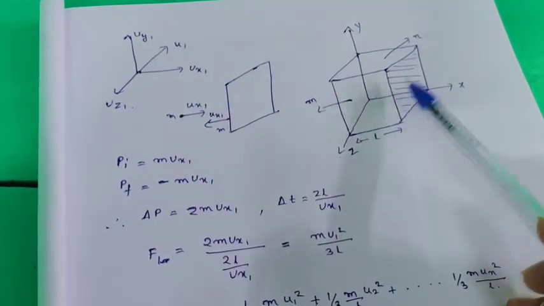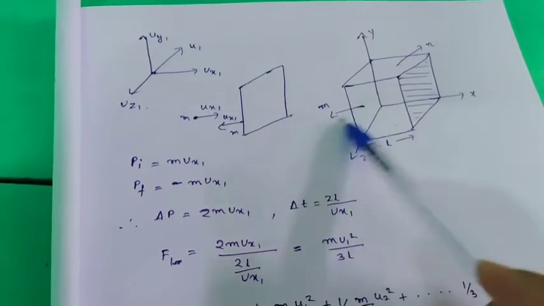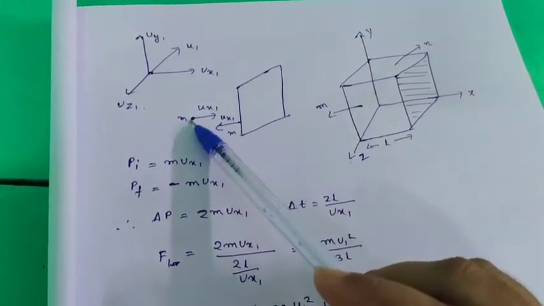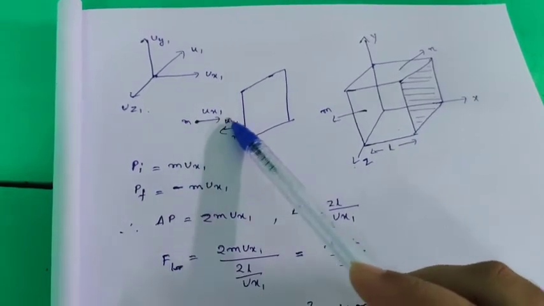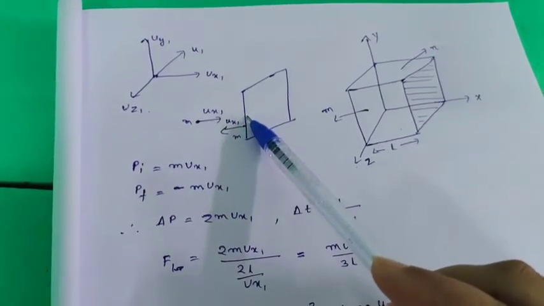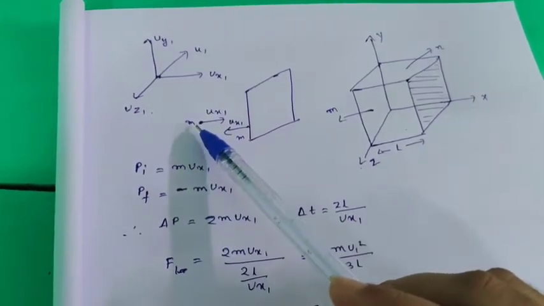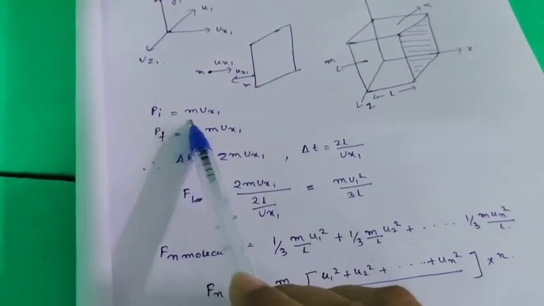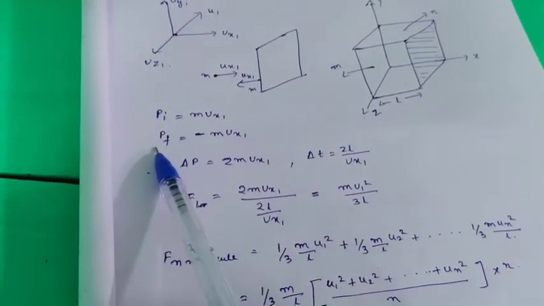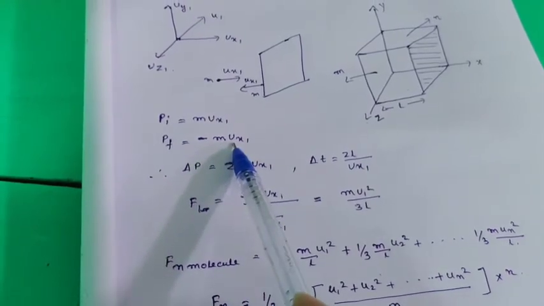If I want to calculate the force on this wall, consider one molecule of mass m colliding with this face. Due to elastic collision it returns with the same velocity. Its initial momentum is m ux1, and its final momentum is minus m ux1.